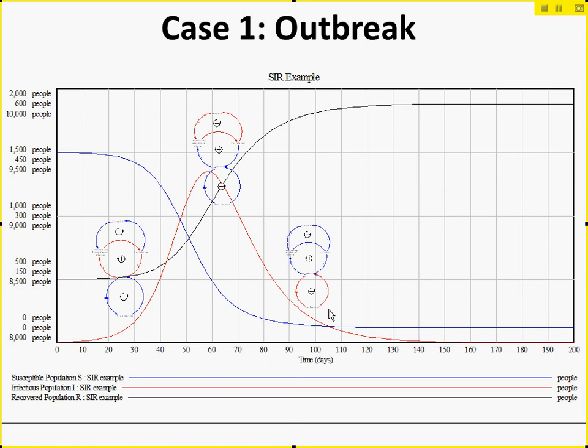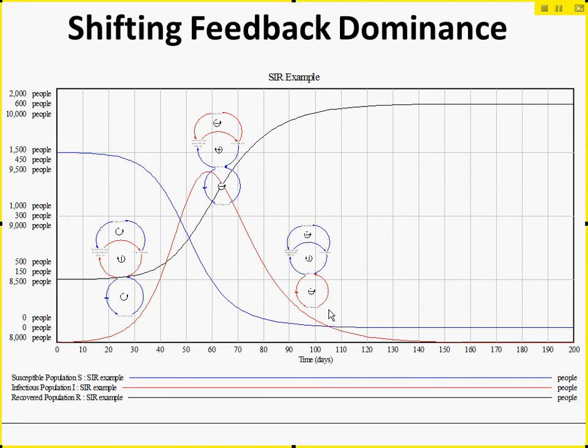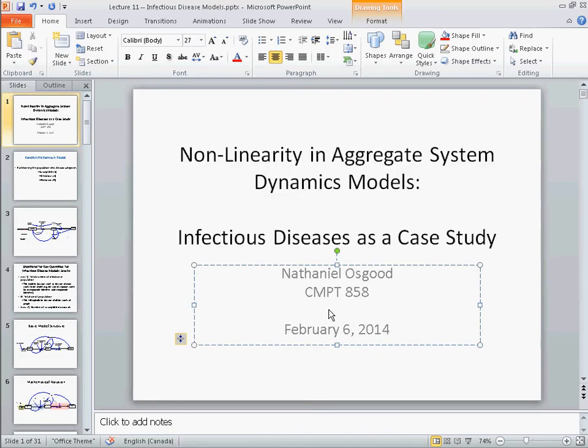At certain times, certain loops may be dominating, at other times, different loops will be dominating, and there's a shifting loop dominance as the system plays out over time. Okay. So that was some explanation of why we see these sort of dynamics.